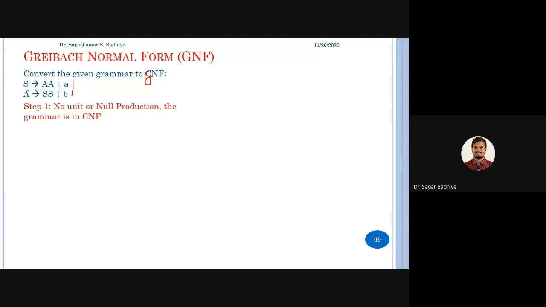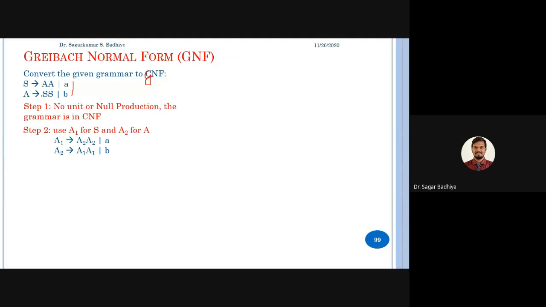As we know, the first number should be given to the start symbol. So your S will be A1 and A will be A2. If there is another symbol P, it would become A3. If there is another symbol Z, it would become A4, like that. So here we would be renaming S as A1 and A as A2.